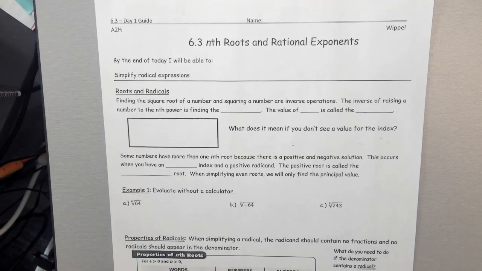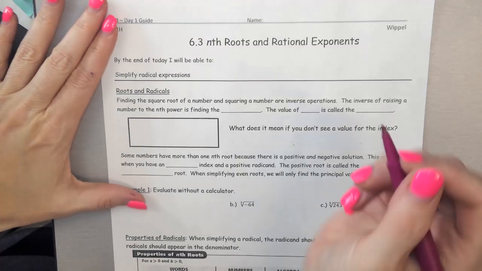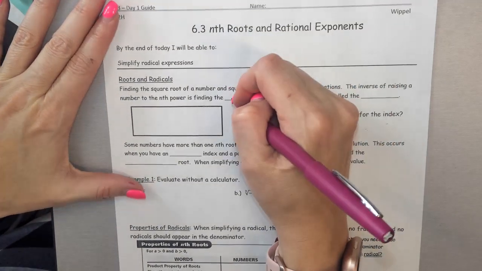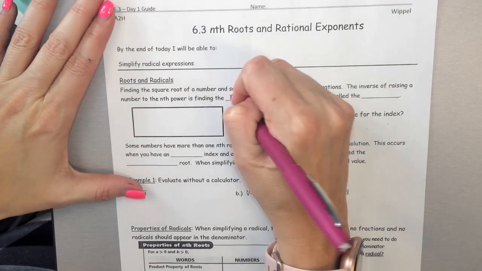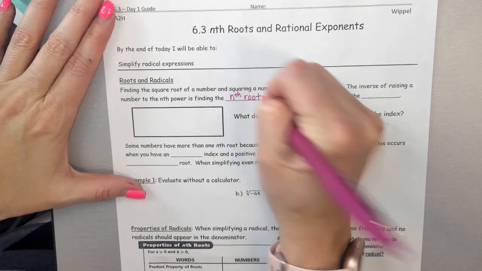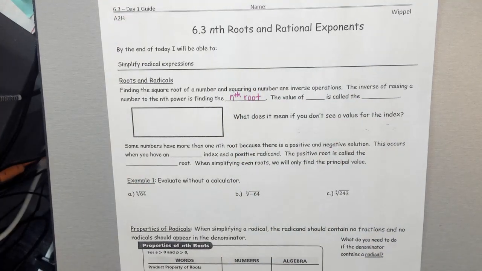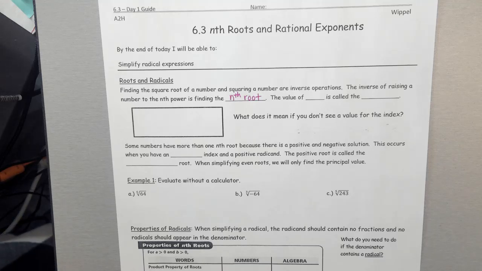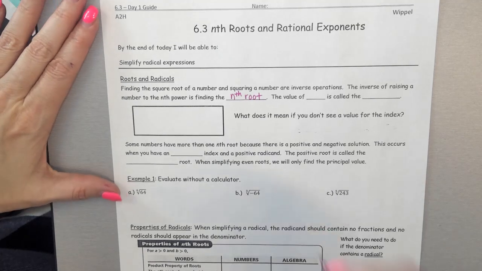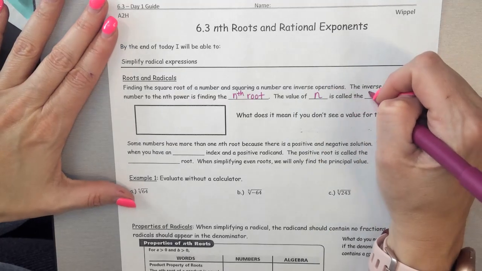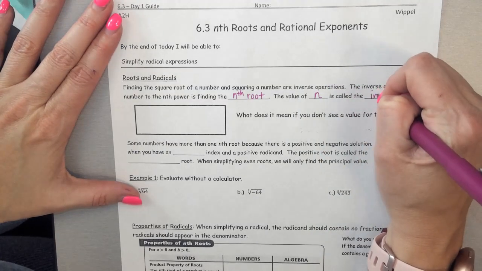And when you are taking the nth root, that undoes the nth power. So the inverse of raising a number to the nth power is finding the nth root. This value of n is called the index.